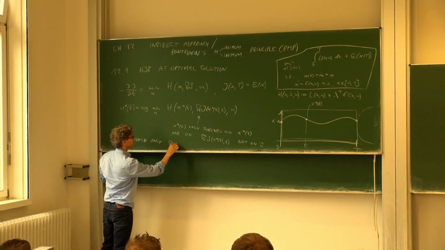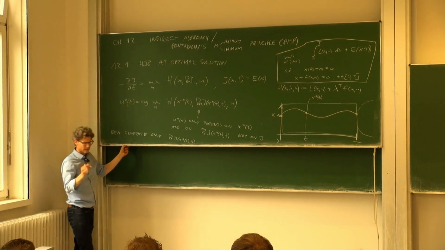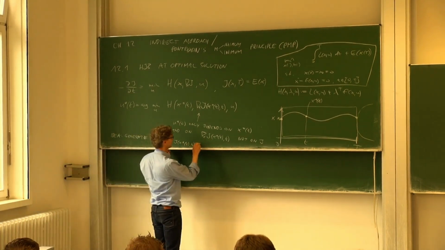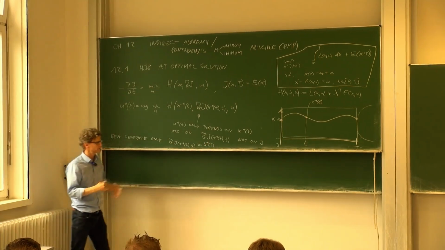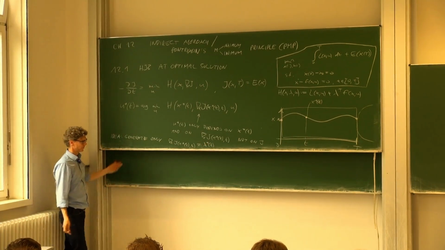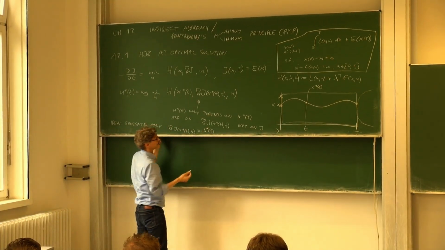So the idea is to generate nabla x J of x star of t and t. And these things we will call lambda star of t. So these would be the optimal lambdas. They will be related, of course, to Lagrange multipliers and so on.